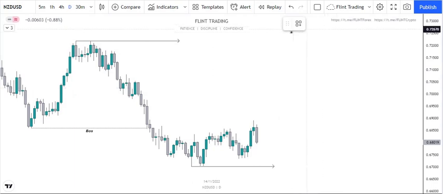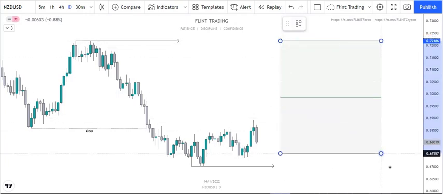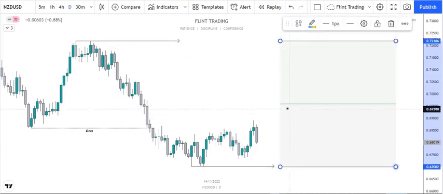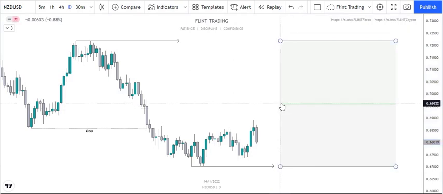Next thing is that I'll be marking my premium and discount zones from here to here. The range below this is the discount range, and it's ideal to look for buyers within this range, and as soon as price goes into this area, it's ideal to sell.